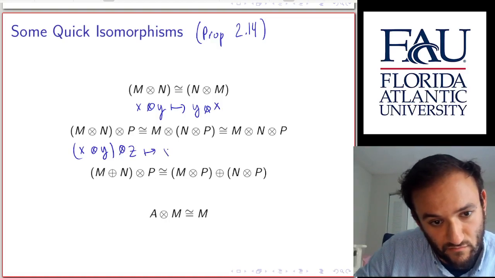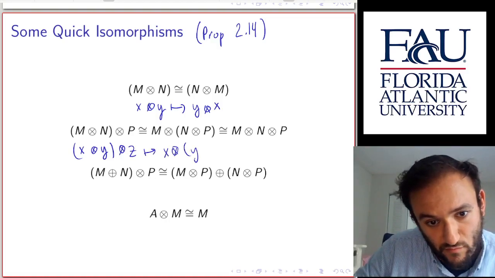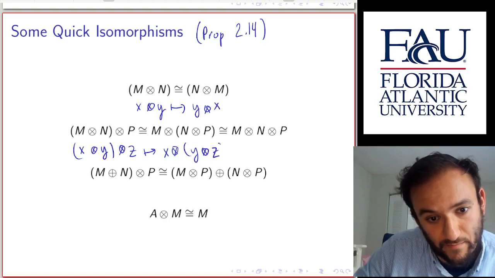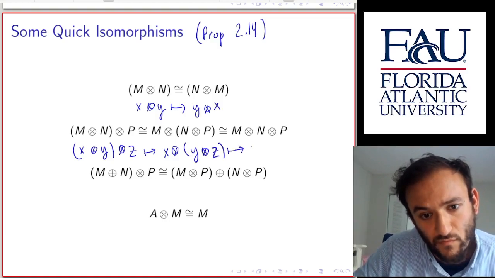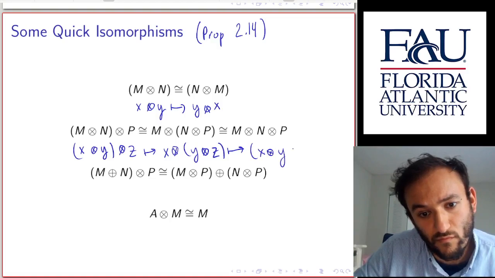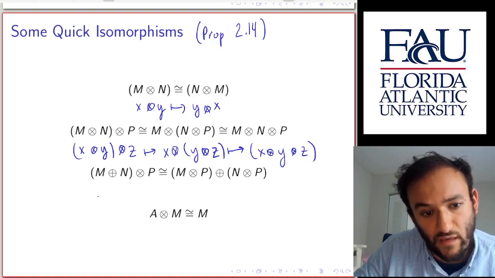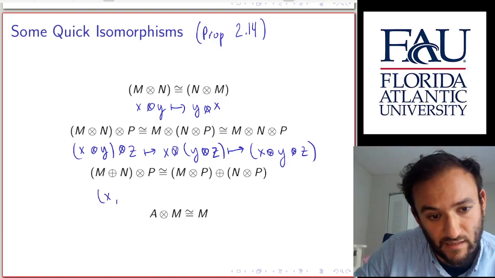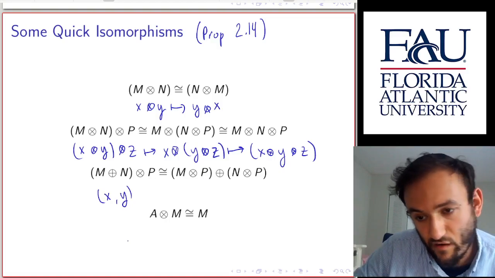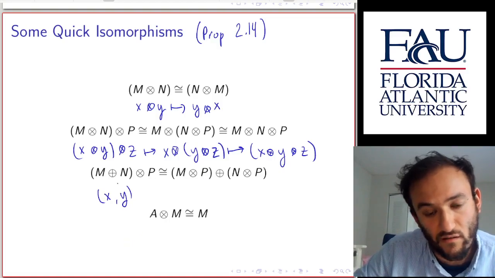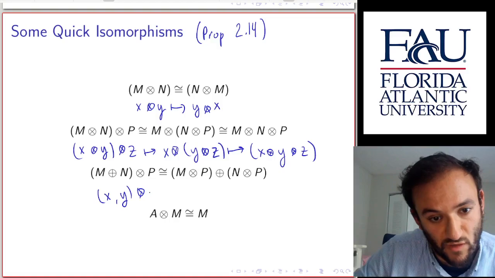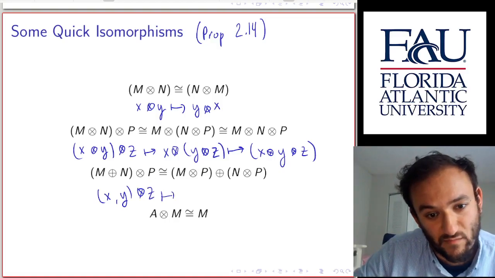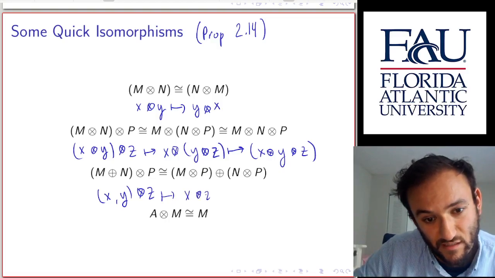So here you could put the parentheses anywhere you like. Okay, as for this direct sum, take x and y, a pair of elements defining an element of the direct sum, tensor with P, tensor with z, let's say, an element of P. That gets mapped to x tensor z, y tensor z.